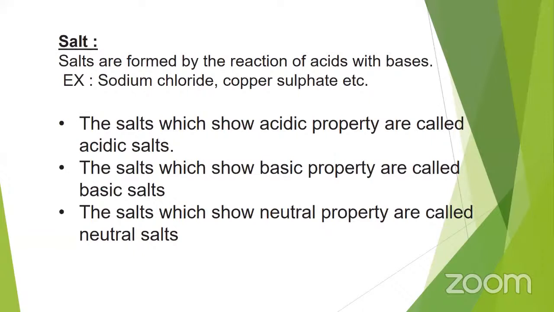For example, sodium chloride is a neutral salt. Sodium hydroxide and HCl react and we may get sodium chloride. But usually we won't prepare sodium chloride in that way. Usually we get sodium chloride from the oceans. We don't normally make it like that, but it forms. The salts formed in that way are usually neutral.